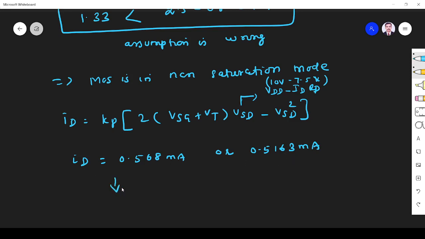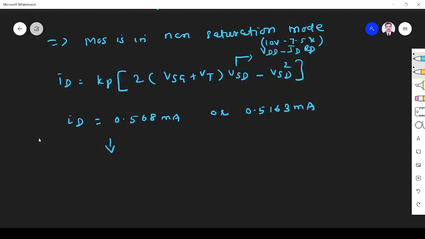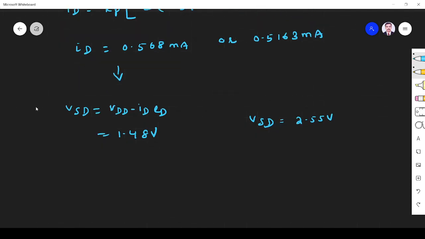So let us take these IDs and find VSD. VSD is VDD minus ID RD. VDD, ID, RD all we know. So substituting the first ID, what we get is 1.48 volt. Here, if we substitute 0.5163, what we get is 2.55 volt. So out of this, we have to conclude which ID and which VSD is correct. We know the device is in non-saturation.